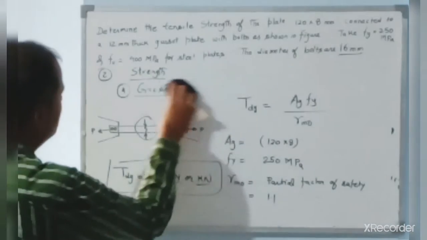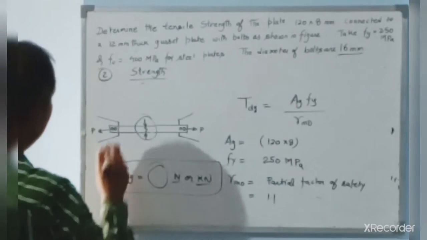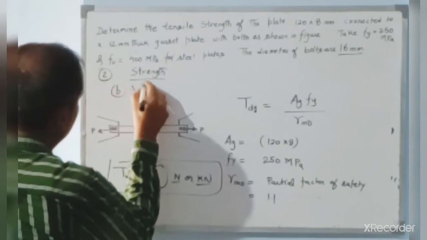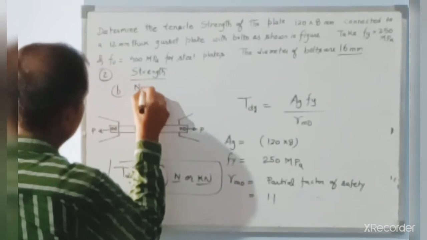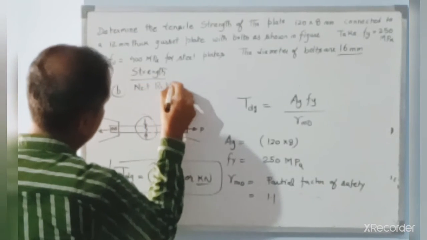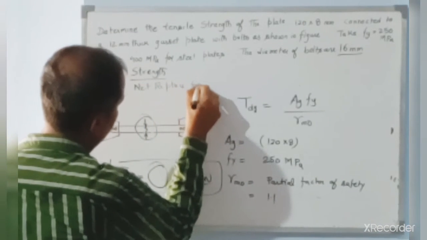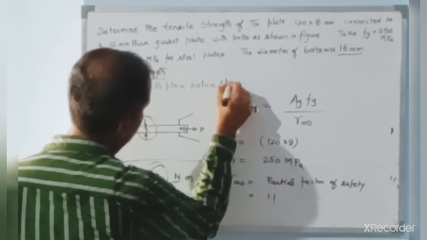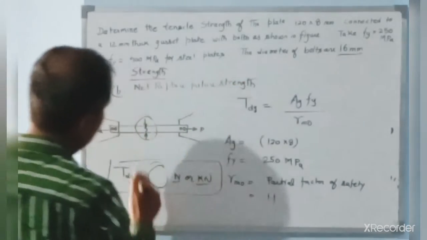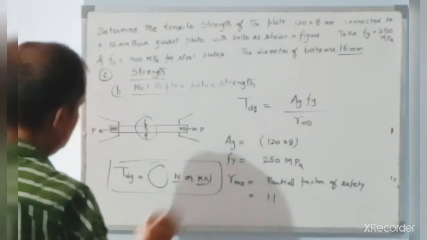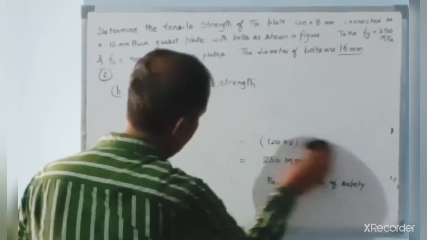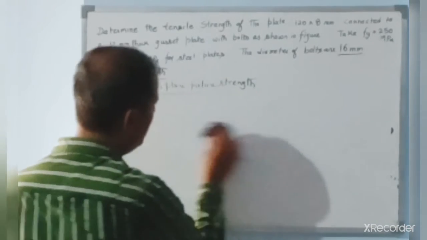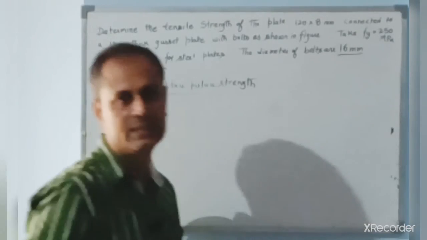Next step is to calculate another kind of tension strength. The second type of tension strength, as we all know, is net rupture failure strength. And you should remember, the gross failure can happen anywhere besides the connection, and net rupture failure will happen at the places of connections.